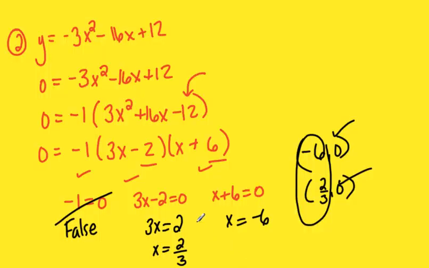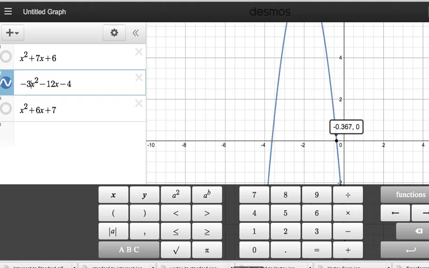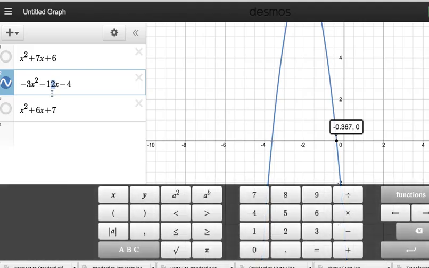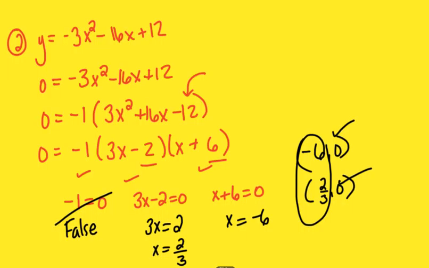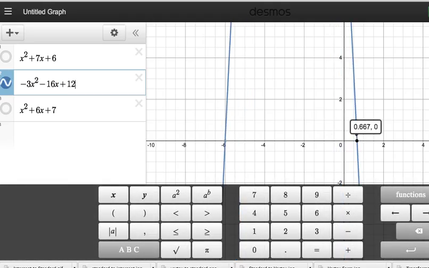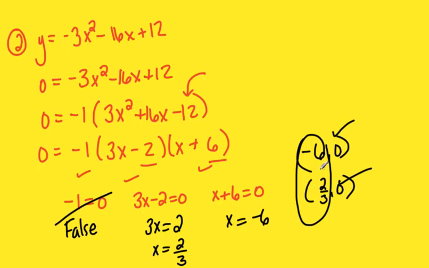Let me fix that. Okay, that's better. Then we've got -6 and 2/3, which is 0.667. So -6 and 2/3, that's what we found.